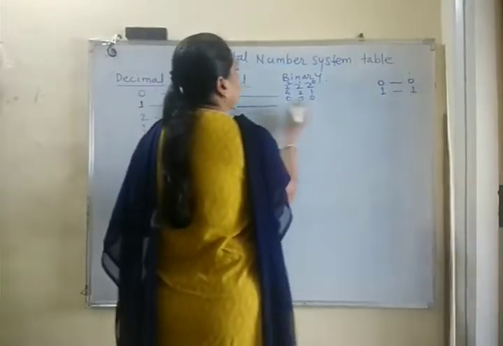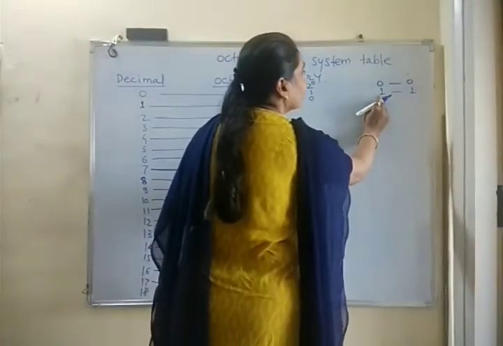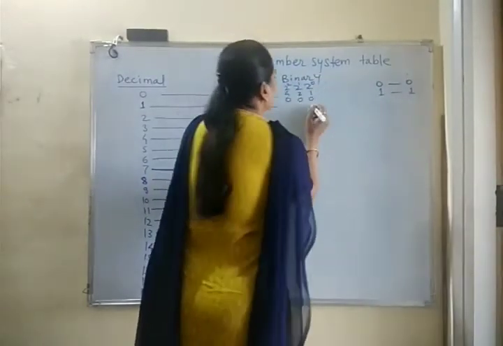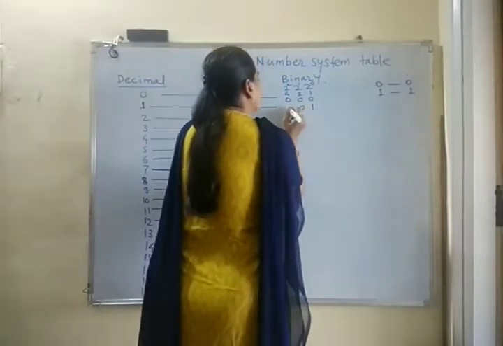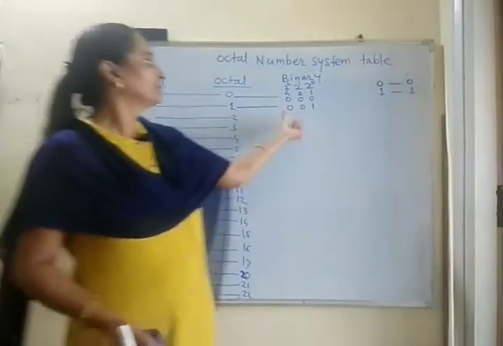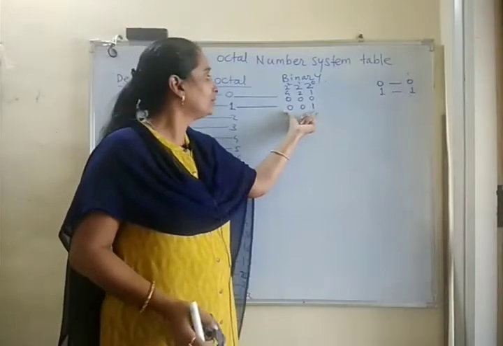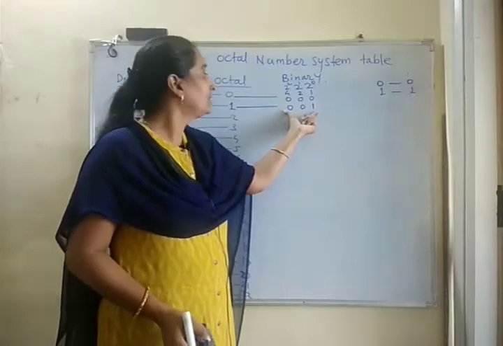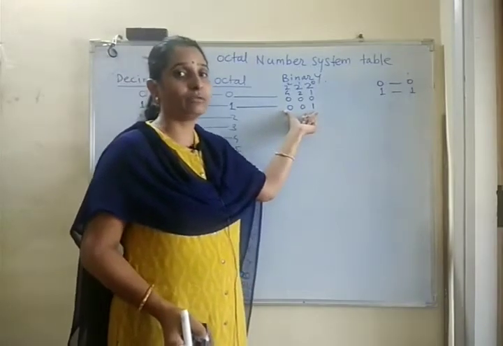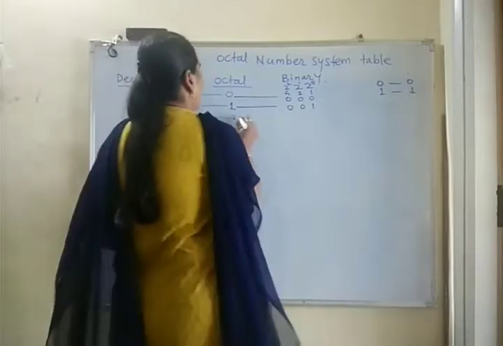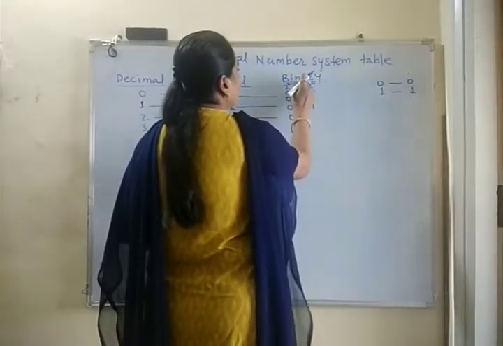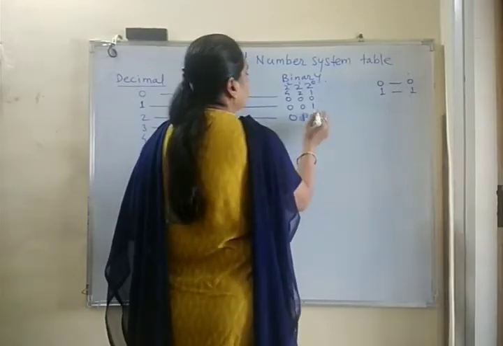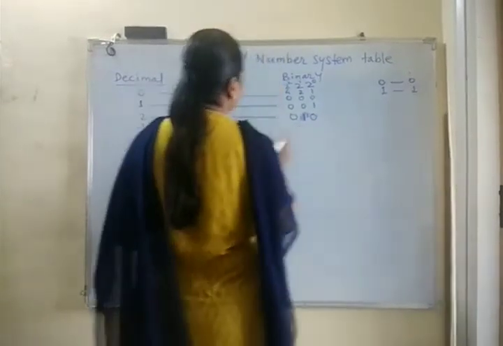Decimal 1 is represented in binary as 1. So 2 raised to the power 0 means 1. You have to put only 1 here and the rest of the space is filled with 0. So this is the 3-bit binary combination of octal 1. How to represent 2? 2 raised to the power 1 means 2, so write 1 there and put 0 in the other places.